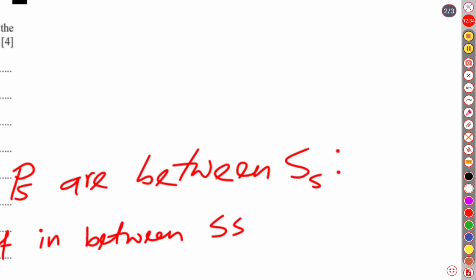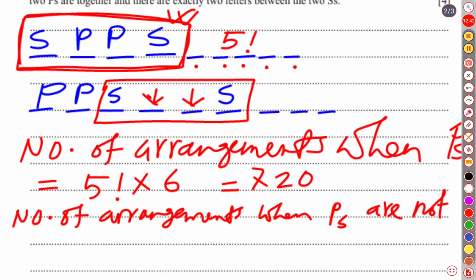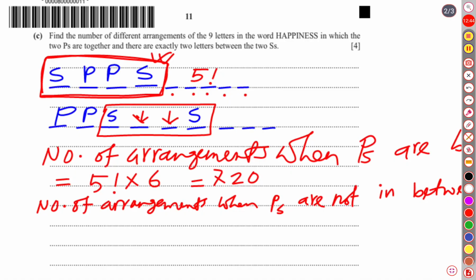Well, let us see what the scenario is here. If P's are not in between S's, how many places are there? 2 places. These 2 letters should be selected first.